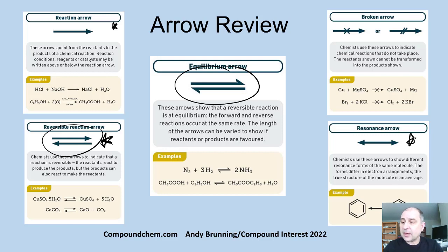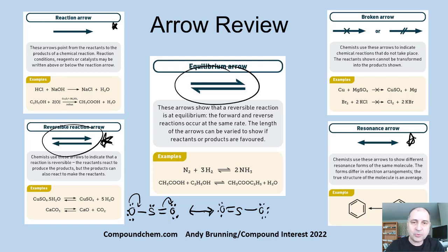You've seen this arrow already. It's the resonance arrow. It goes back to when we were drawing Lewis structures. Now the example shown here is for an organic molecule, but if you remember, you can draw sulfur dioxide, and you can either draw it with a double bond to the right, or there's a resonance structure where you can shift these electrons this way, where now you have a double bond on the left and a single bond on the right.